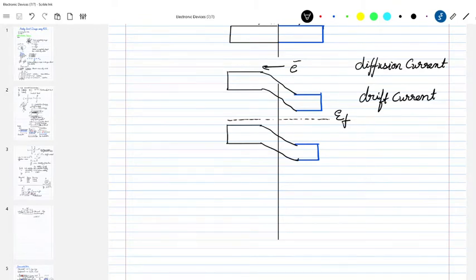Now once you do this, what's going to happen is on this side there are Na per meter cube holes, and there are Nd per meter cube electrons on this side. Okay, so when these electrons move from N side to the P side and the Fermi level balances, what's going to happen is the following.